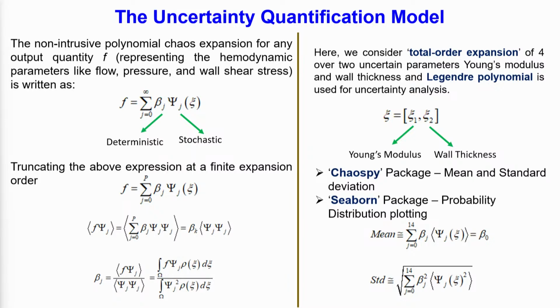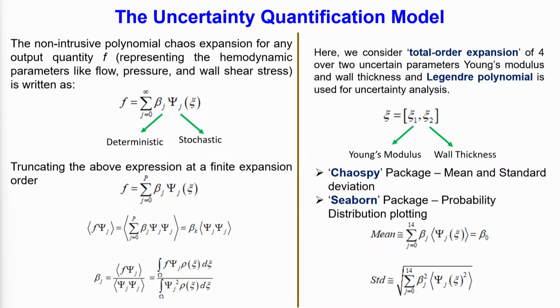It is quite clear what depends on chance here: the modulus of elasticity based outcome and the wall thickness based outcome. So, the zeta will have these two entities, zeta 1 and zeta 2, Young's modulus and wall thickness, and psi will be a function of that.